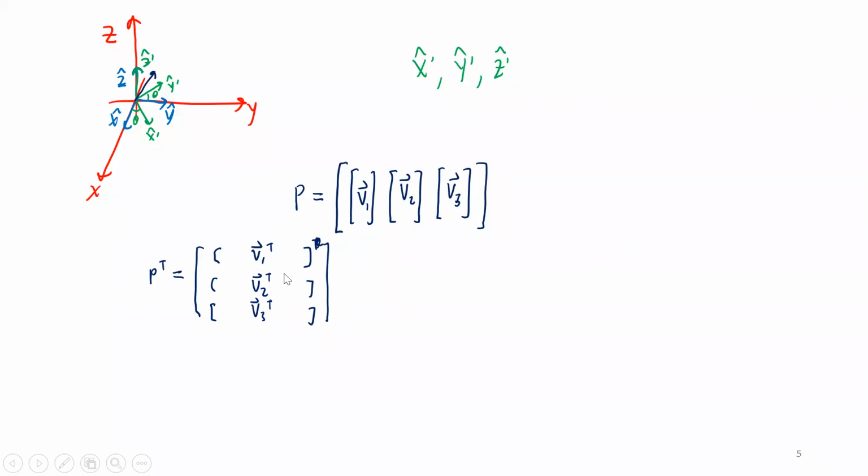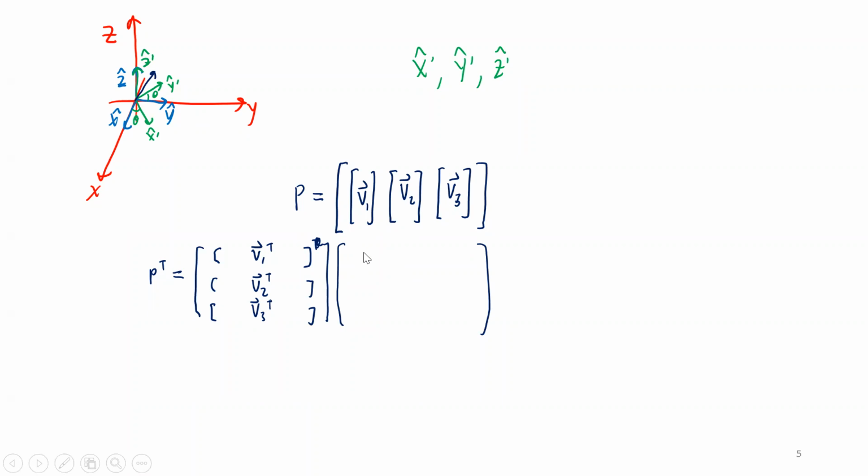Now, if you take the product between P and P transpose, or P transpose P, what you have is a matrix, and each element really is a dot product.